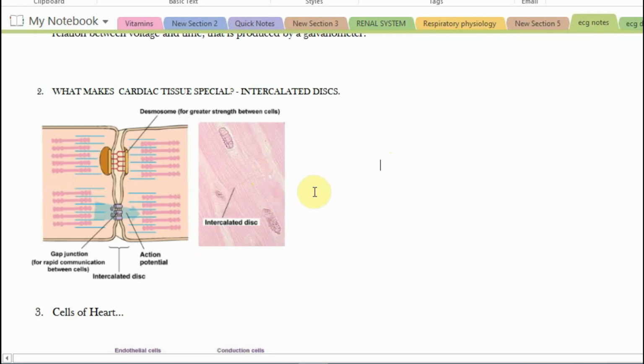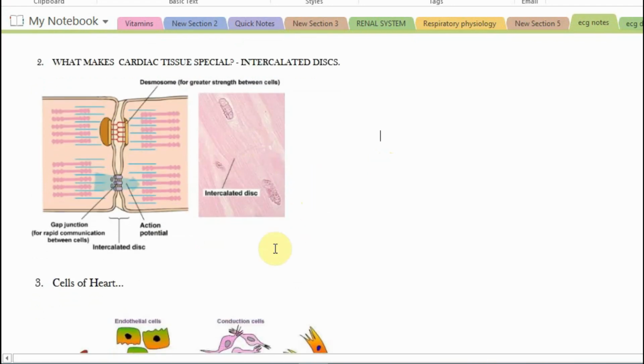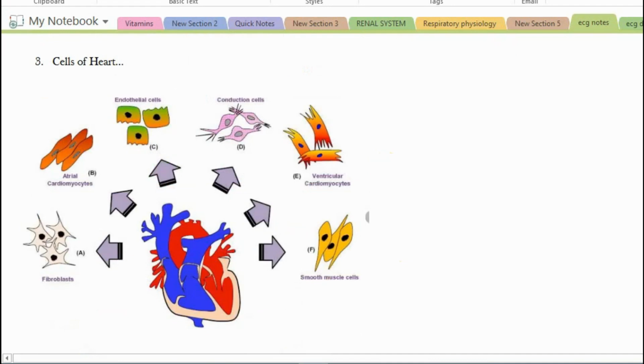Now, keeping this special criteria of the heart muscle in mind, there are also some other heart cells, particularly in your endocardium, the endothelial cells, the fibroblasts in your basement membrane, then your smooth muscle cells in various vessels. But what is important for ECG is the presence of ventricular and atrial cardiomyocytes and your conductive cells, which also include a specific type of cells called your pacemaker cells.